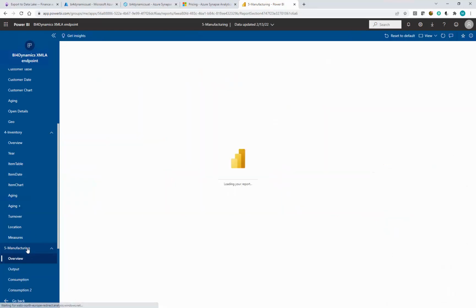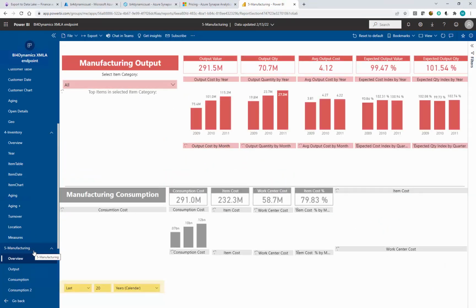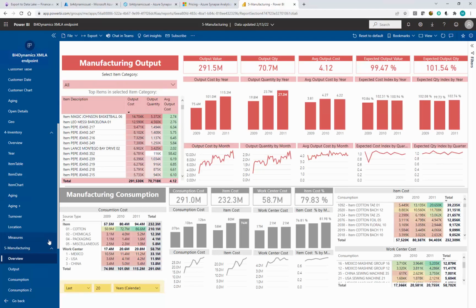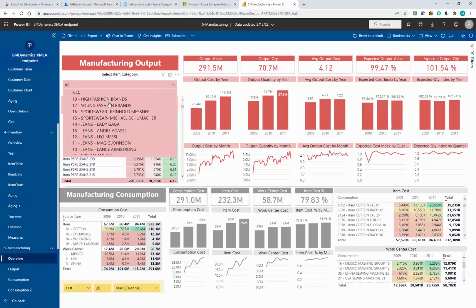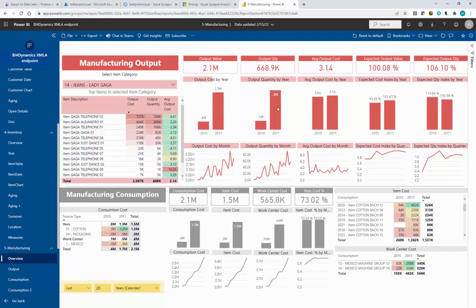Further, we just have a blend into the manufacturing. We have done probably between 50 and 100 manufacturing projects, where we can look at everything that has been consumed by cost groups, everything that we have consumed and produced, and we look into selecting a procurement category. Let's say Lady Gaga jeans. This is a manufacturer of textile. We can see the quantities, average cost, how good our plans or bill of materials are, and what we have consumed.